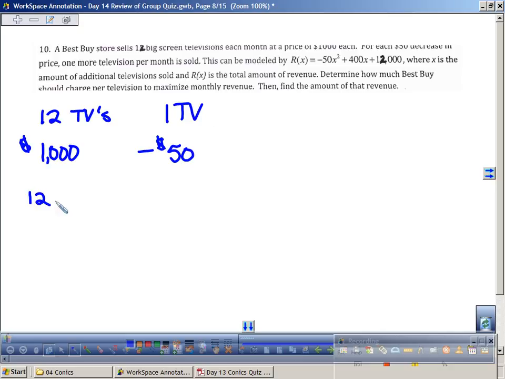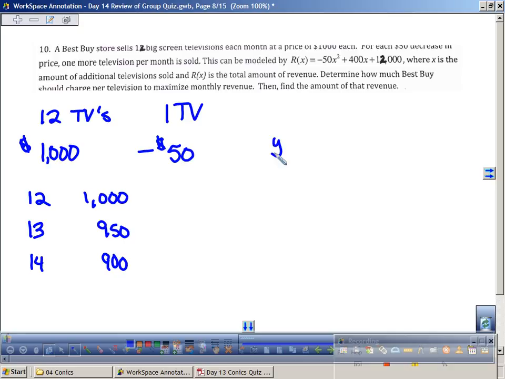So 12 TVs is going to be 1,000 of these. As I increase it, it's going to go down to 950. And increase another one, it's going to go down to 900. We could do it that long way, or we could use algebra.